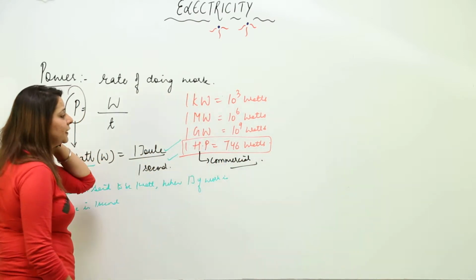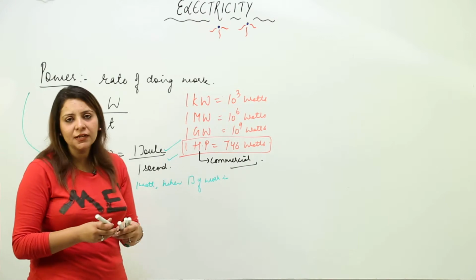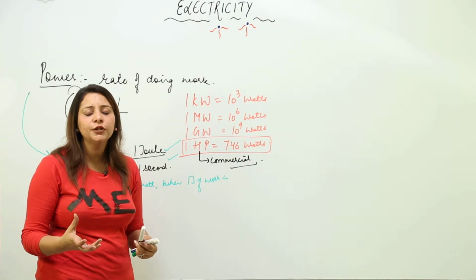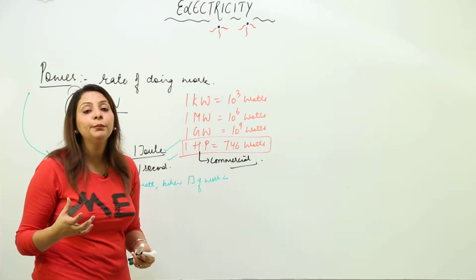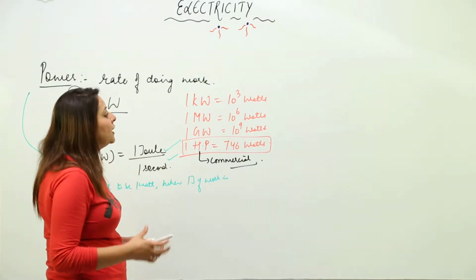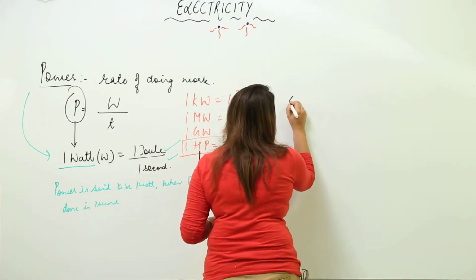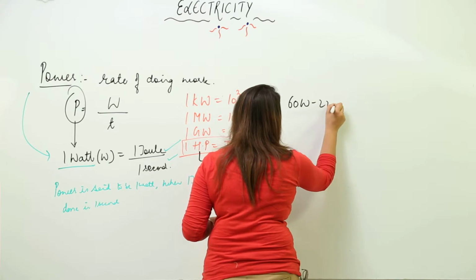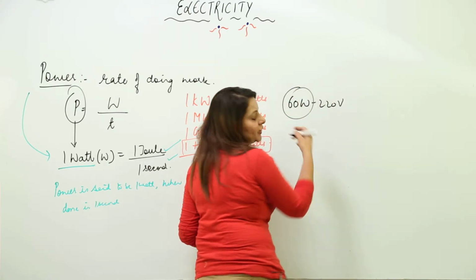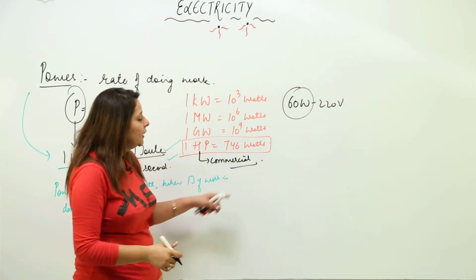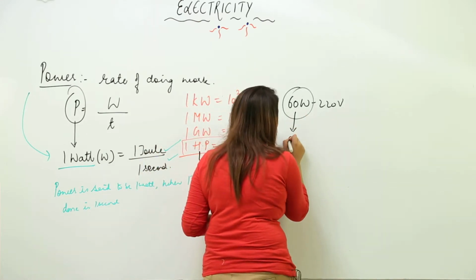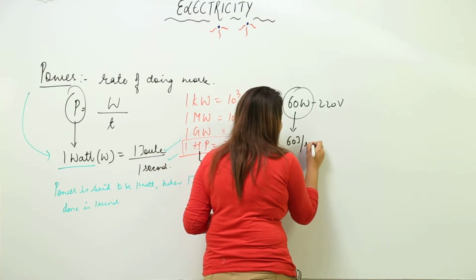We already discussed that we bring many appliances and every appliance has a different power rating. Suppose you bring a bulb and it is written that it is of 60 watt and 220 volt, then what does it signify? We discussed this in the previous lecture also. This watt signifies how much energy it is going to consume in 1 second.